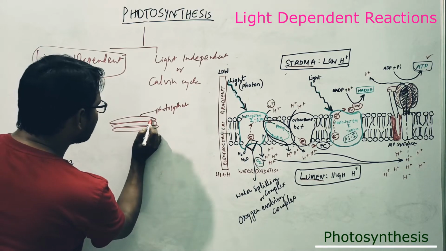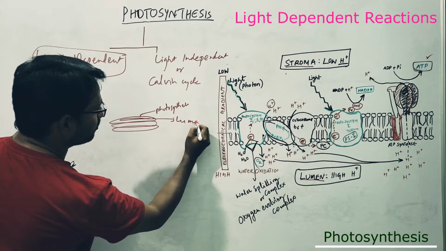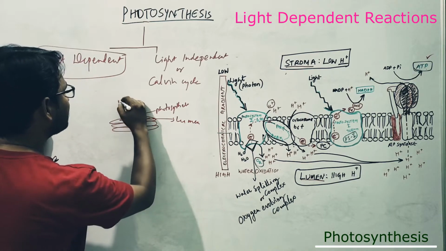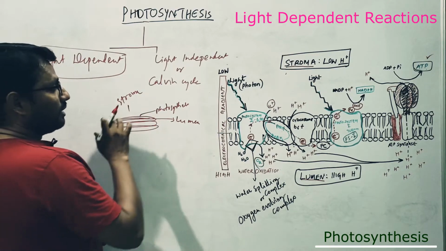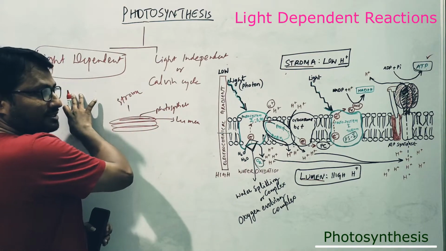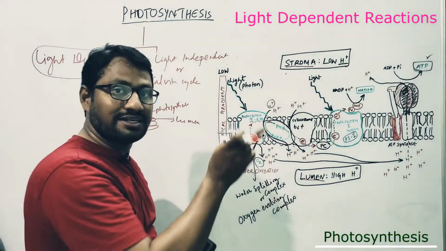Inside the thylakoid it is called lumen, whereas outside it is stroma. So in plants, photosynthesis occurs on thylakoid membranes inside the chloroplast.